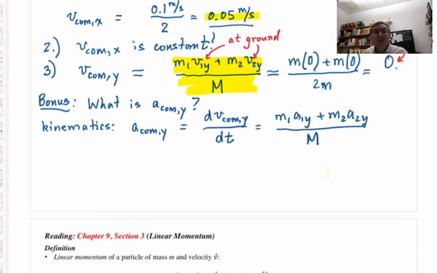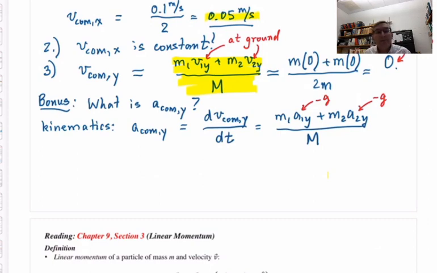And now I'm going to substitute in what I know about A1y and A2y from the motion we've already studied, free fall and projectile motion. We know what the y acceleration is for particles in free fall and projectile motion. The y acceleration for both of them is negative little g. Right? It's just negative little g.